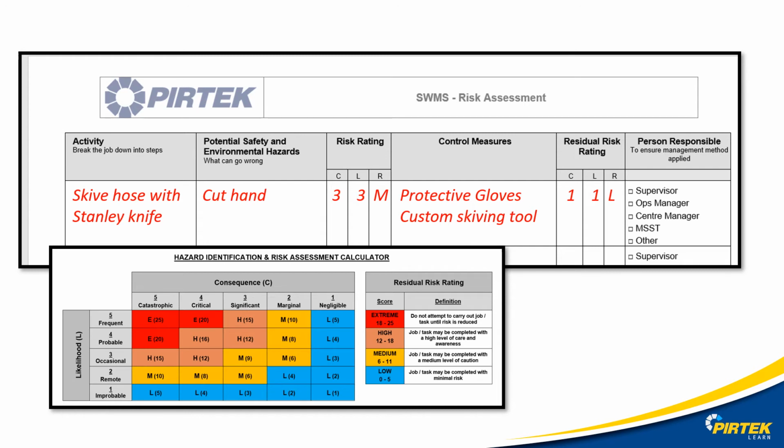By using protective gloves and using a customized skiving tool, we've reduced the consequences from a level 3, which is significant, to a level 1, which is negligible. And regarding the likelihood, we've also reduced the likelihood from a level 3, which is occasional, to a level 1, which will be improbable.